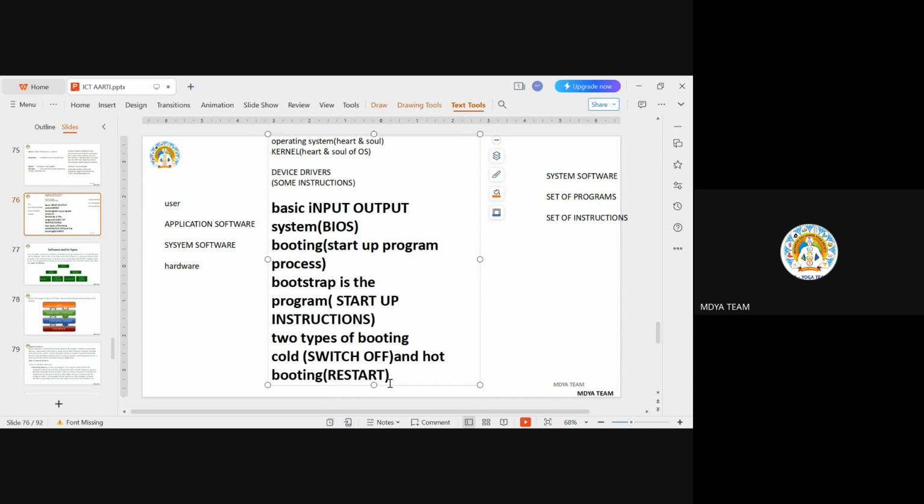These different types of instructions are written, and in the operating system also there are many instructions written regarding memory. When you type some text and want to save that data or file, all that program runs in the operating system.